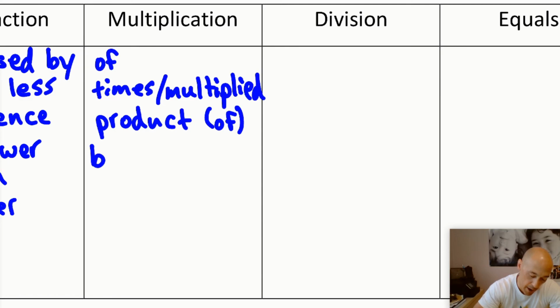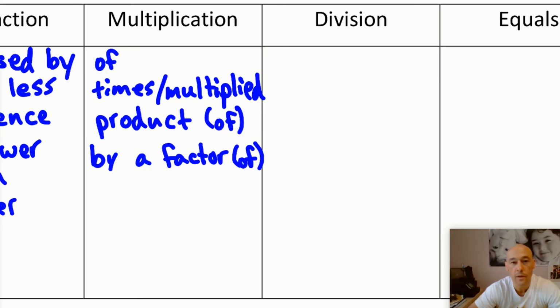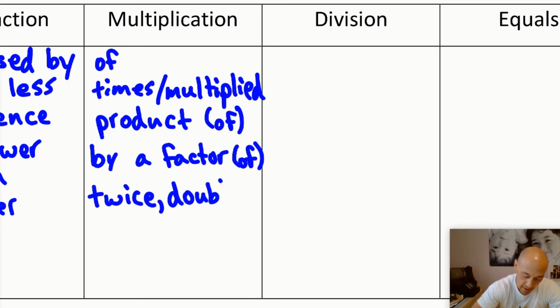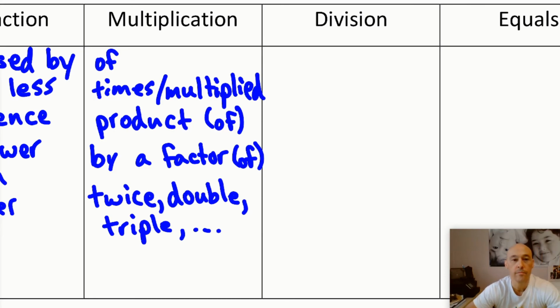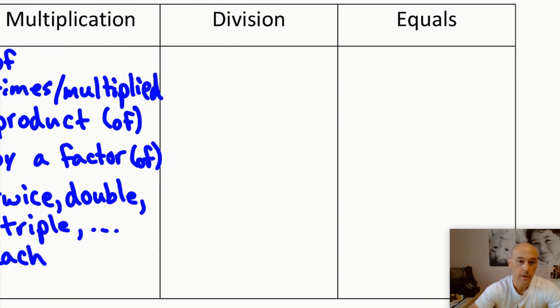So we'll just say by a factor of. Twice, double, those mean the same thing. Triple, or anything like that. And also each. Those are the ones you'll see for multiplication.